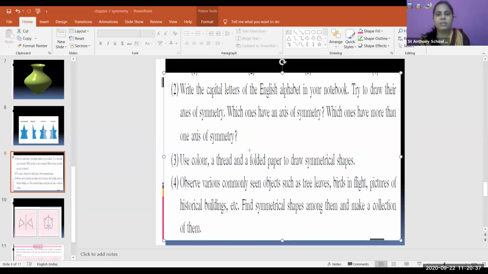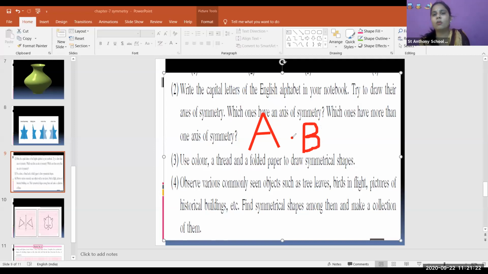Now if A is there, how many axes of symmetry does A have? Now we will draw another figure, for example B. Here I am doing this on my laptop, so it would not be proper.